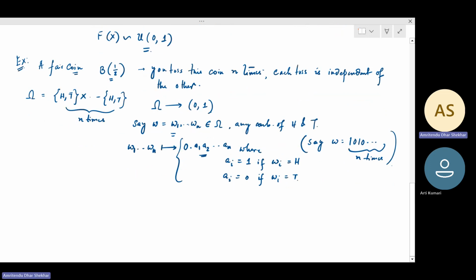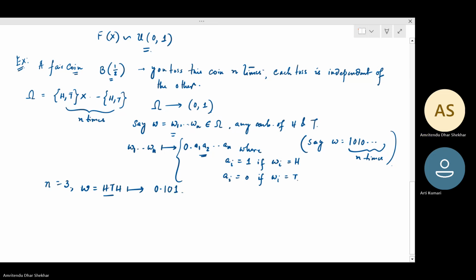In other words, let's take a small example. Let's say n is equal to 3, and you have some combination which is head, tail, head. Then you will send this head, tail, head to 0.101.